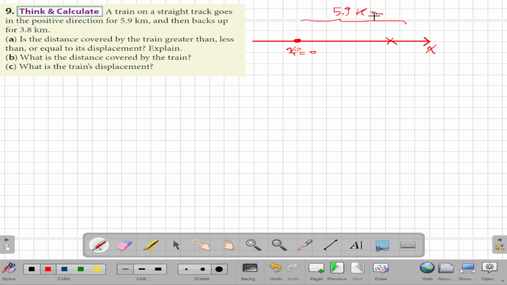Then the train backs up for 3.8 kilometers, and goes to this point. The distance between this position and this position is 3.8.